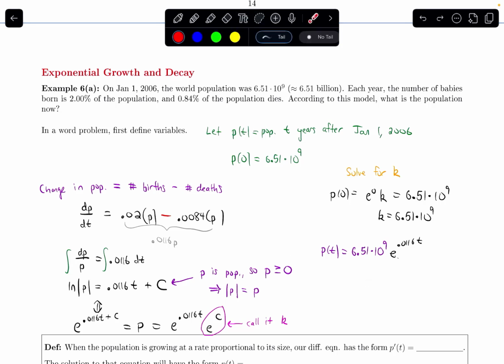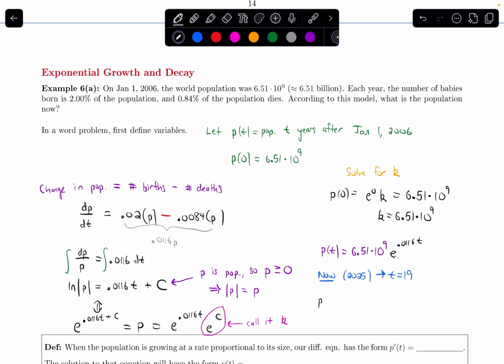What is the problem asking? What is the population now at this moment in time? So now, at least in the moment when I'm making this video, the year is 2025. So that is 19 years after 2006, which means I'm using t equals 19, and I plug that in to this equation.